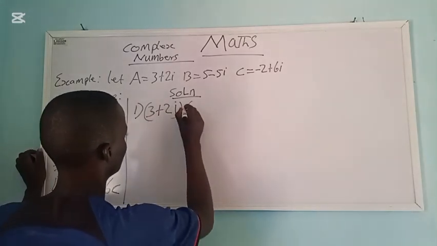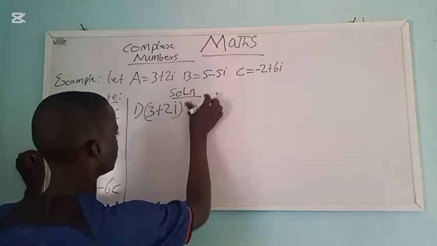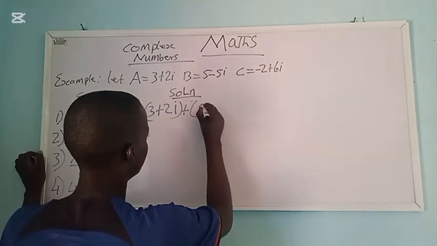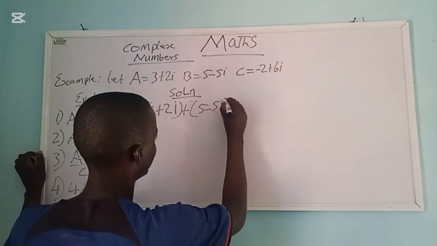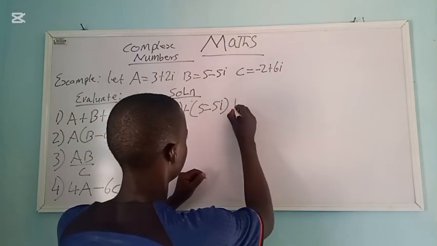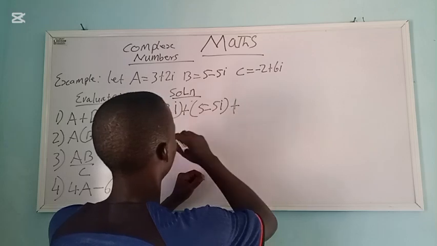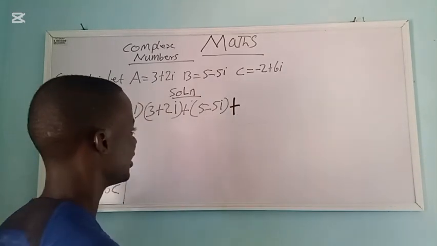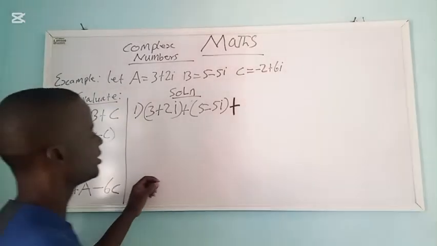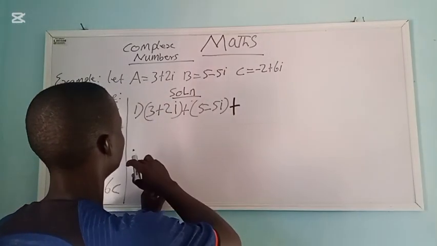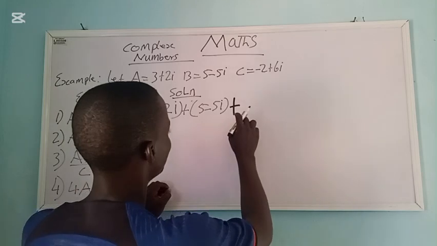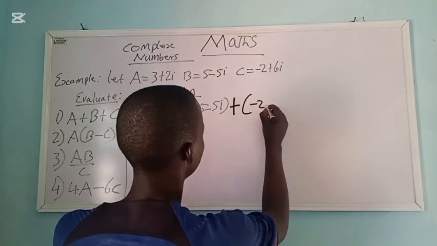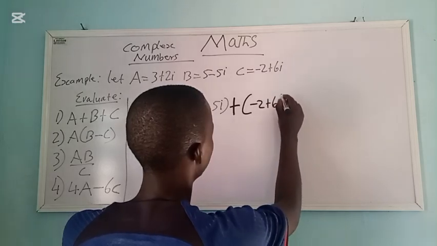Then plus B, which is 5 minus 5i. Then plus C, which is minus 2 plus 6i.